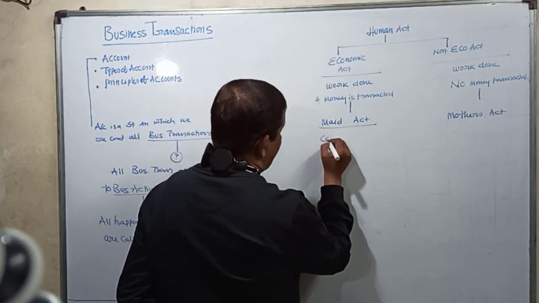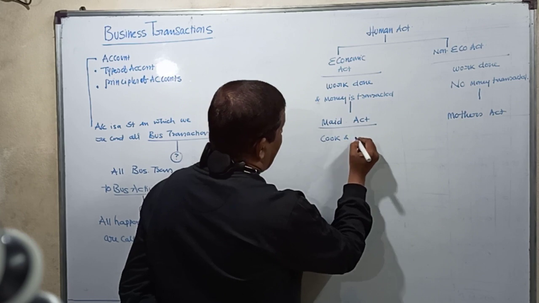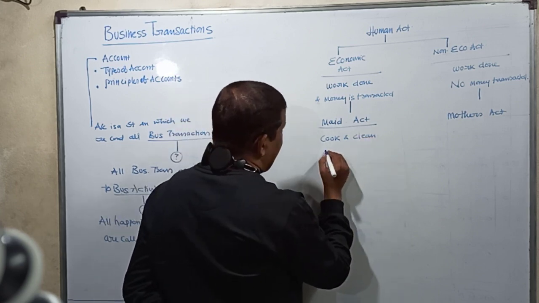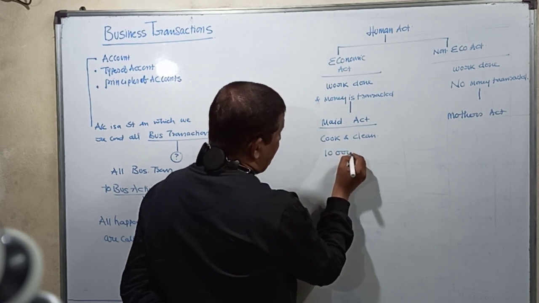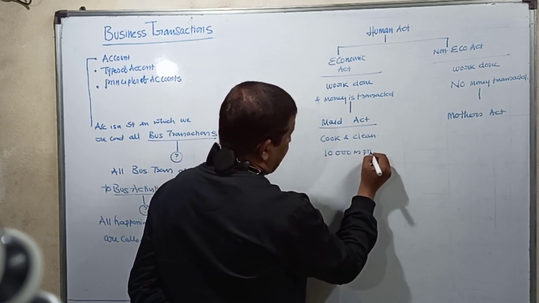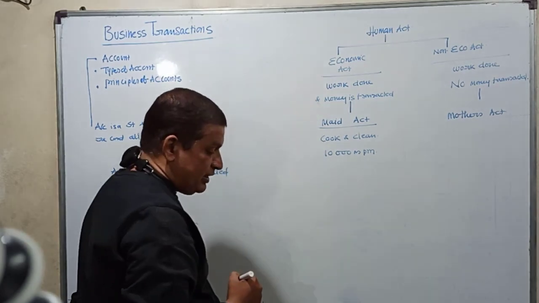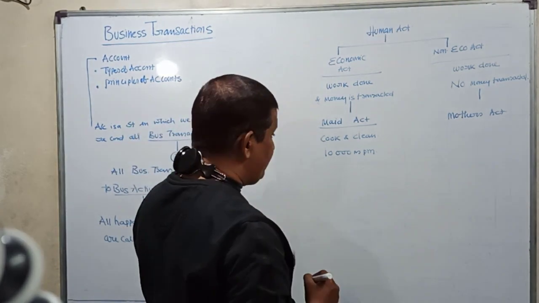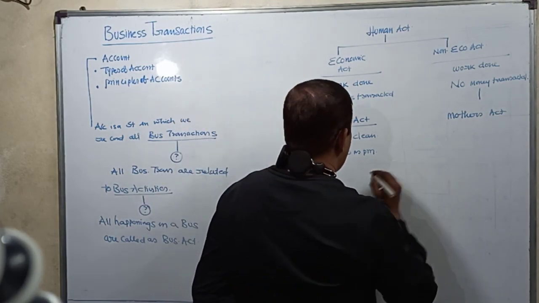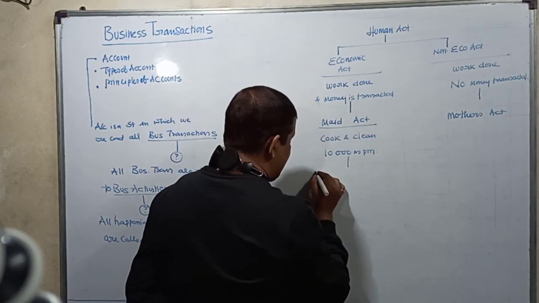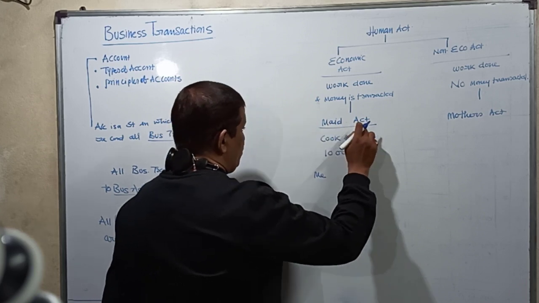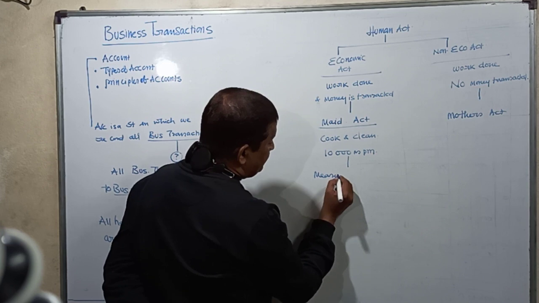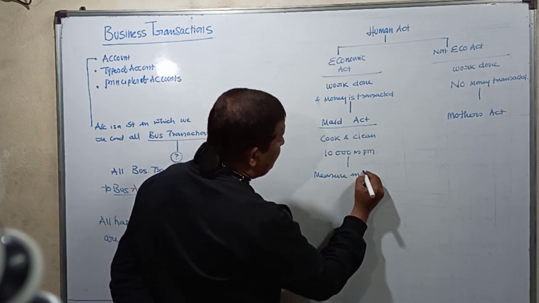She is cooking and cleaning, for which you are paying her 10,000 rupees per month. Now, this activity is measured, whatever the work the maid is doing, it is measured in terms of money.